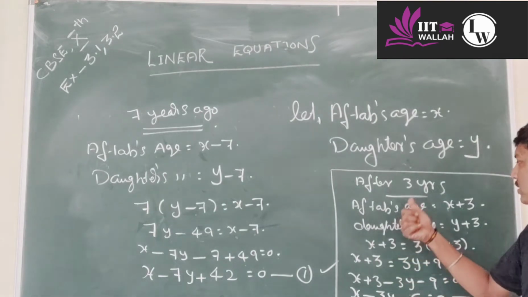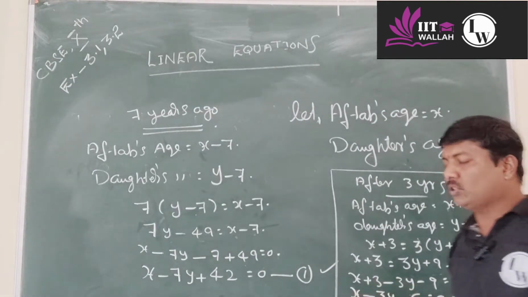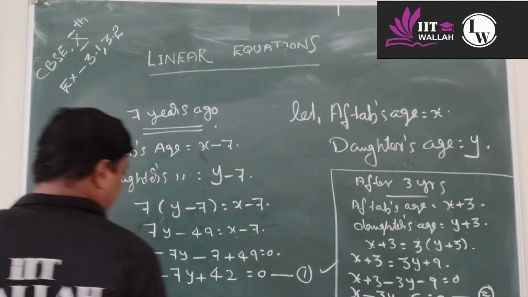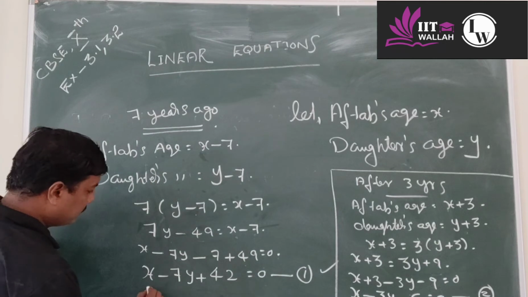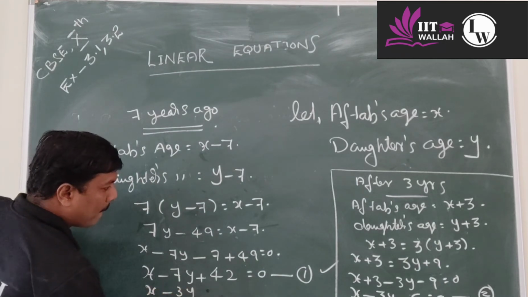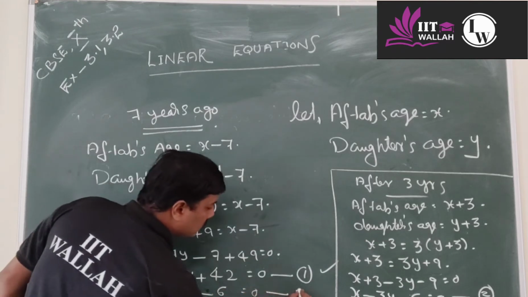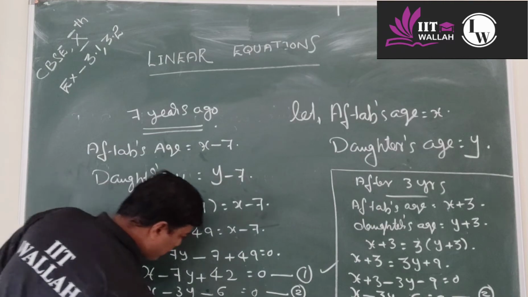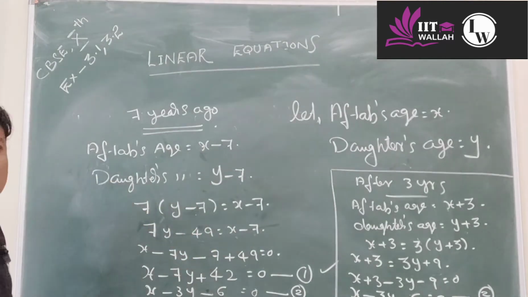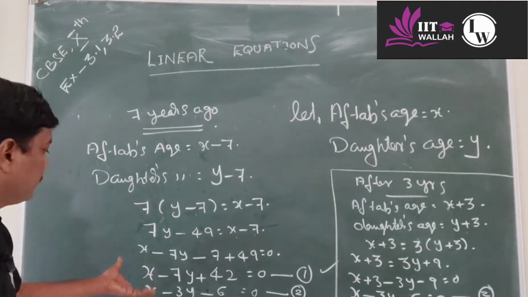That means x plus 3 is equal to 3 into y plus 3. If you solve this, you will get this equation. So 2 equations we already got.